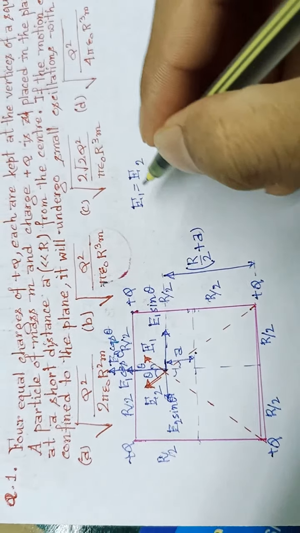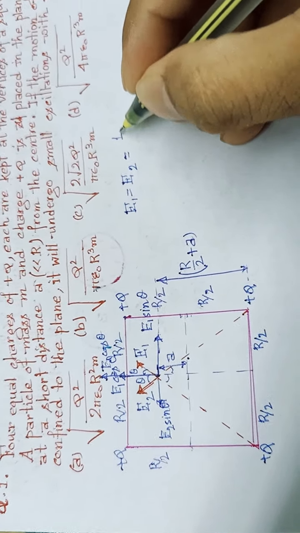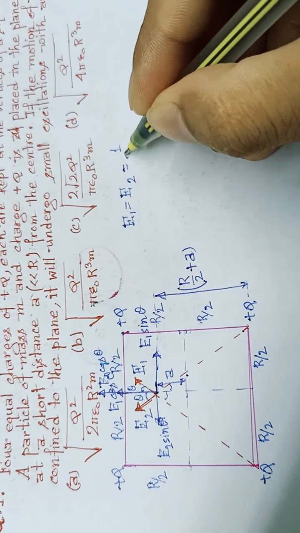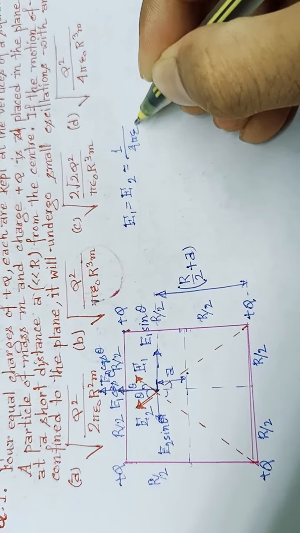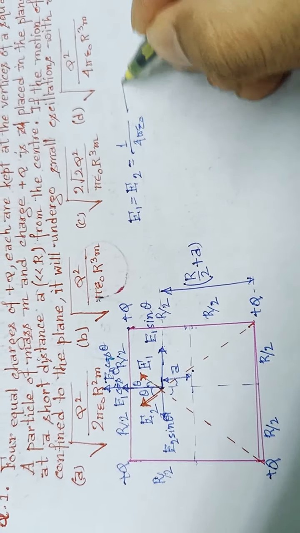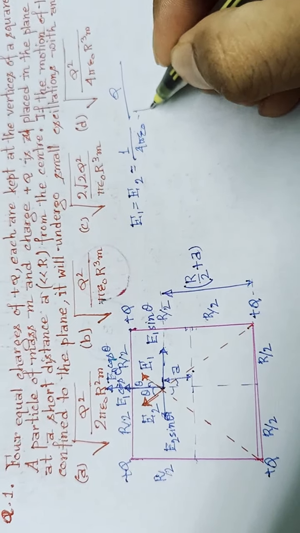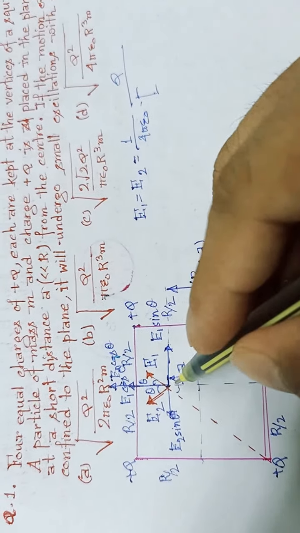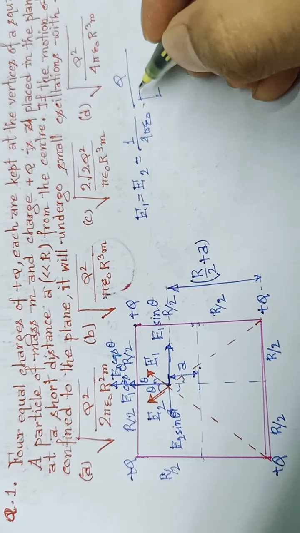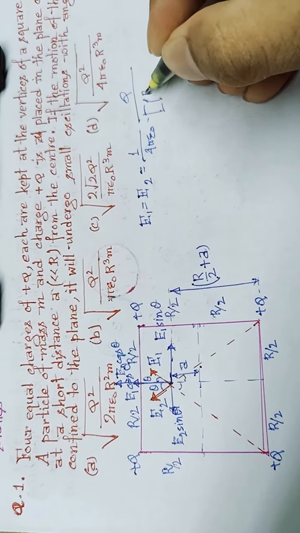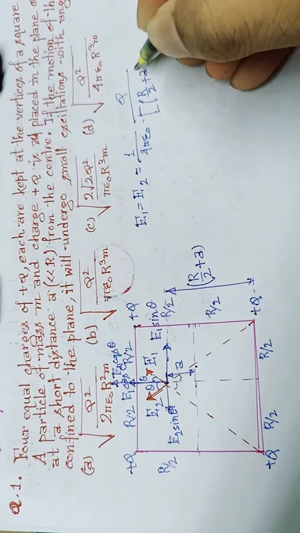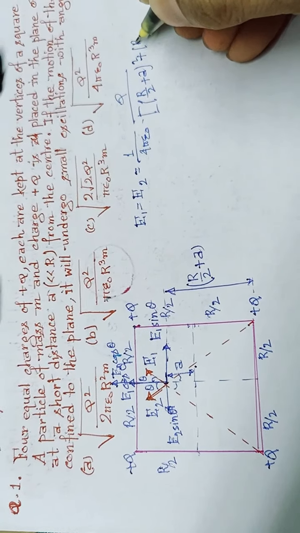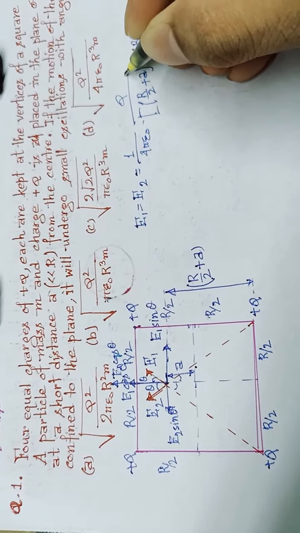So E1 equal to E2 will be equal to 1 divided by 4 pi epsilon naught into q divided by this much distance squared. This distance squared will be equal to (r divided by 2 plus a) whole square plus (r divided by 2) whole square.